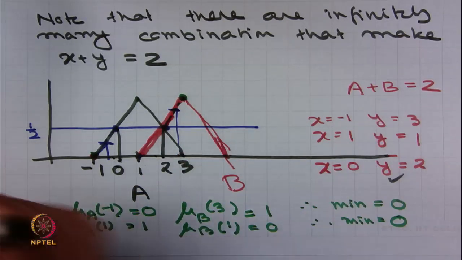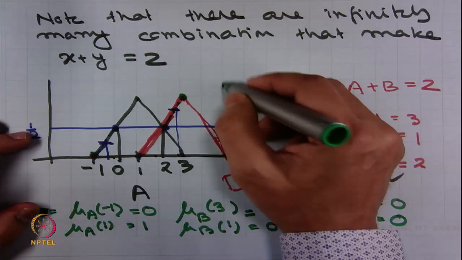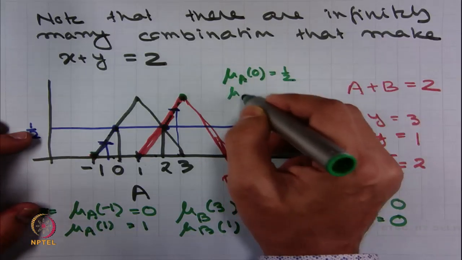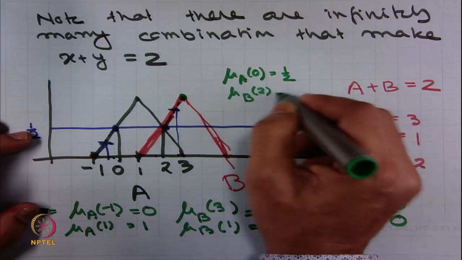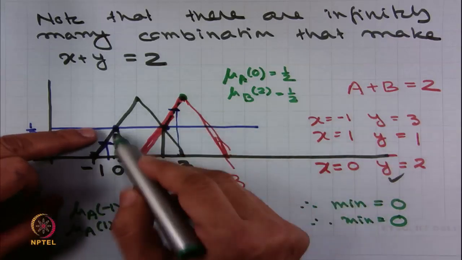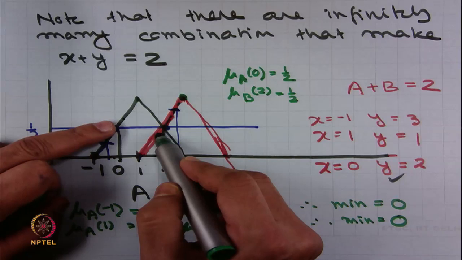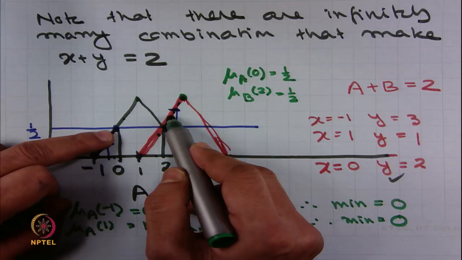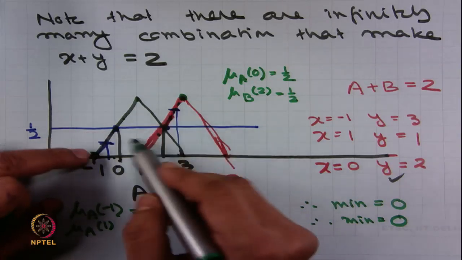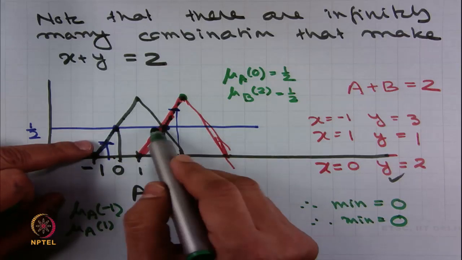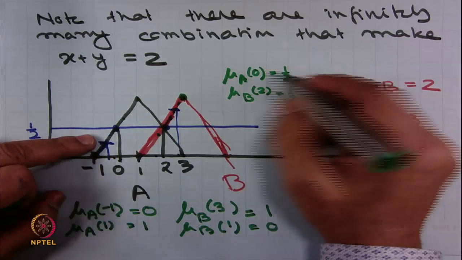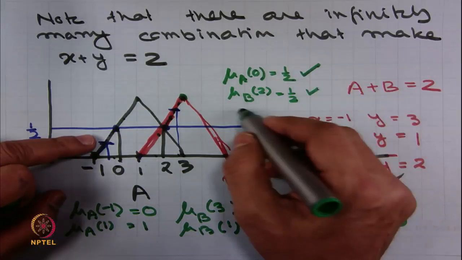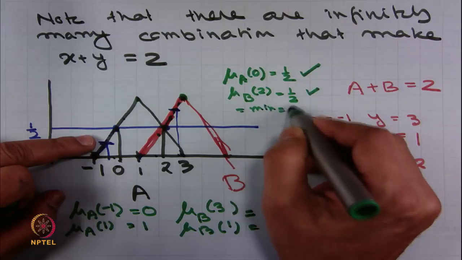Therefore, mu A of 0 is equal to half, mu B of 2 is equal to half, and if we go above this, then here the mu falls below half. So, in all the other cases the minimum will be less than half, but when x is equal to 0 and y is equal to 2, the minimum is half.